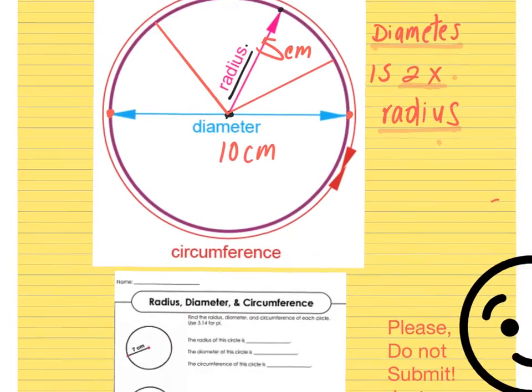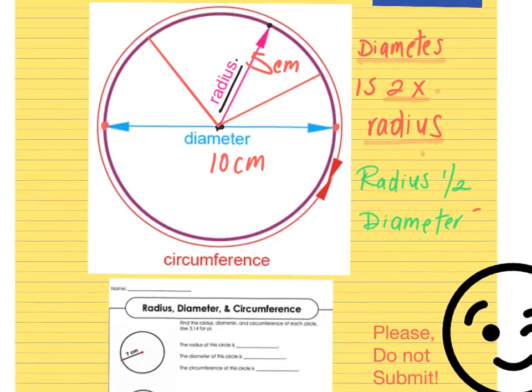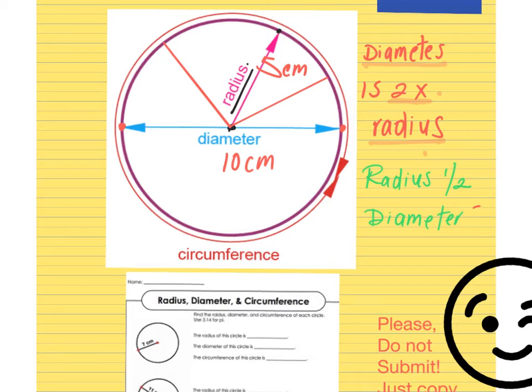But then obviously, if you analyze a little, you will discover that a radius is only 1/2 of the diameter. If we go back again to our example, the diameter measures 10 centimeters and the radius measures 5 centimeters.